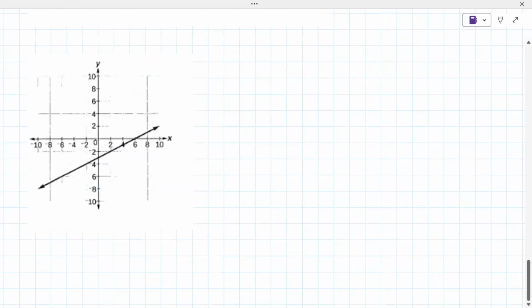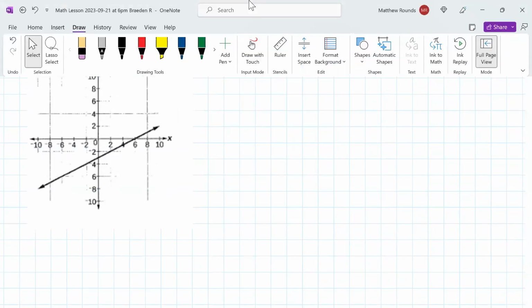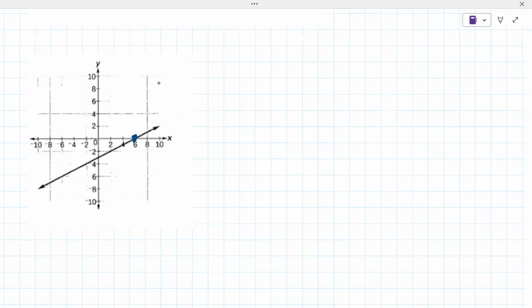All right. So same thing here. Find the x-intercept and the y-intercept. Okay. So the y-intercept is 0, -4, and the x-intercept is 6, 0.